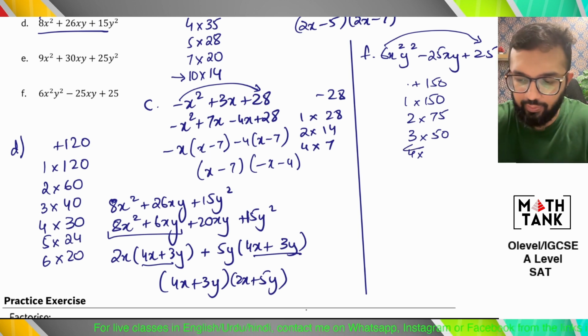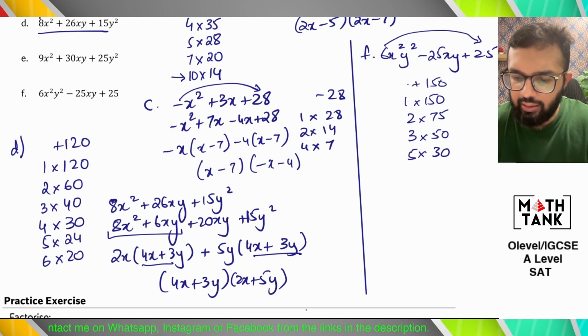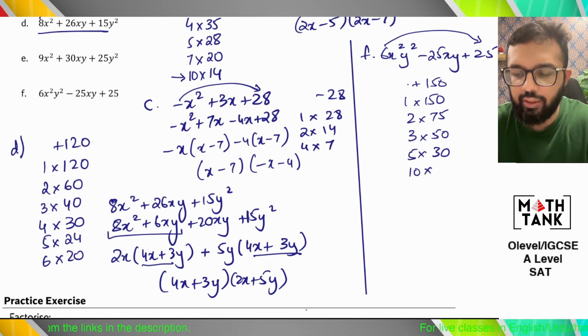I think this is going to divide by 4. 5 into 30. I think I have, no, I don't have enough right now. I think it's going to go into 10 into 15.